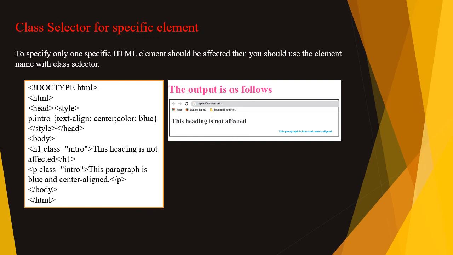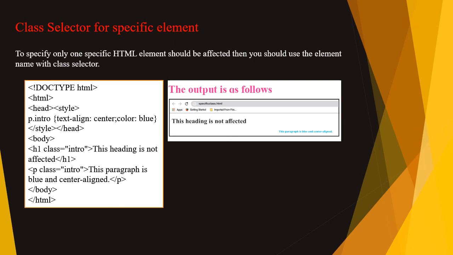Now, class selector for a specific element: p.intro. If there are multiple elements and we have to apply style to a particular element, at that time we take the element, then the dot operator and the name of the class selector.